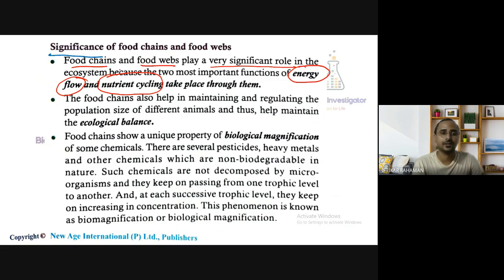So this is the first significance. Second significance, food chains also maintain or regulate the population size or ecological balance. They maintain ecological balance. For example, 4 trophic levels, 1, 2, 3, 4, right?